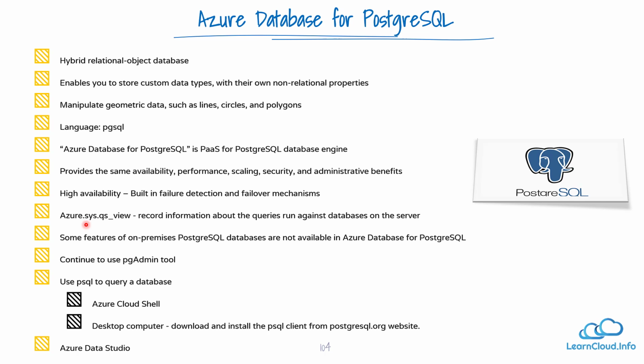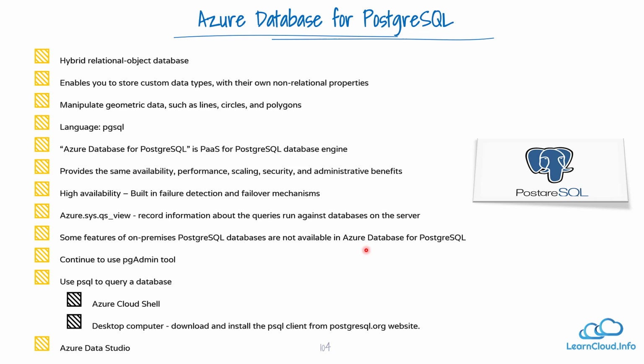You can query the view azure_sys.query_store.qs_view to see this information, and use it to monitor the queries that users are running. If you think carefully, this information can be invaluable if you need to fine-tune the queries performed in your application.